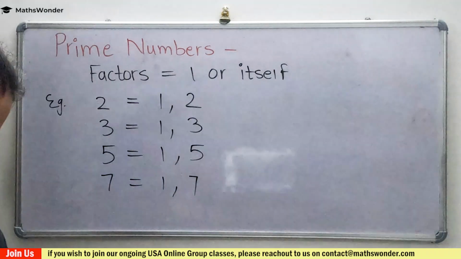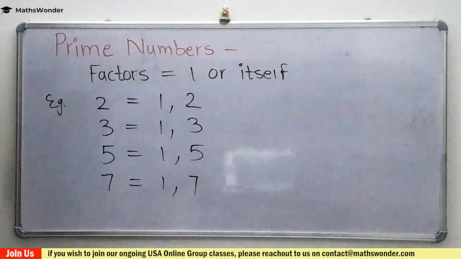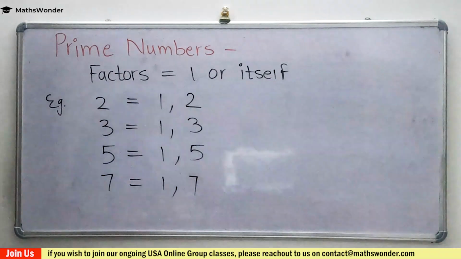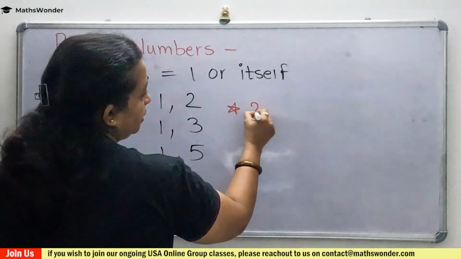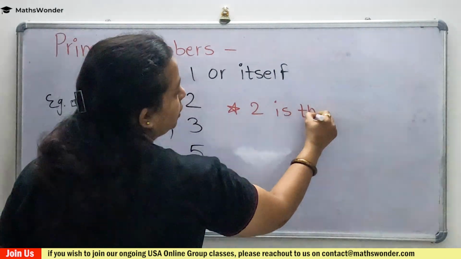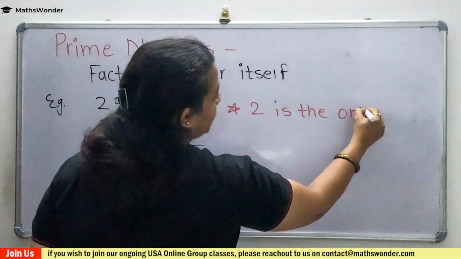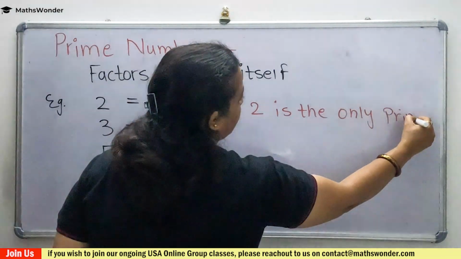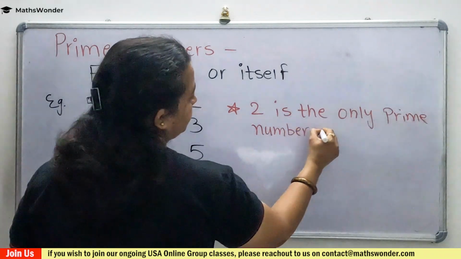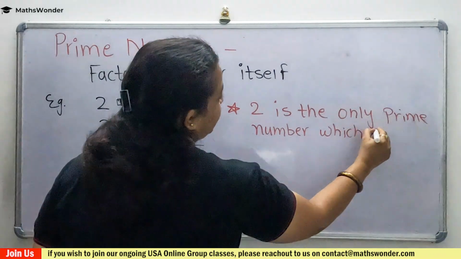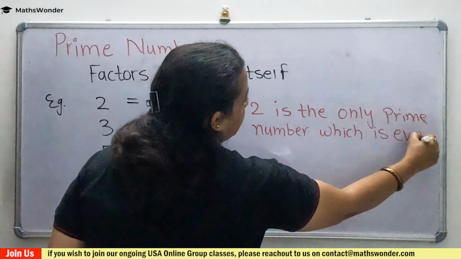Now, 1 is not a prime number, and 2 is the only prime number which is even. Always remember this.